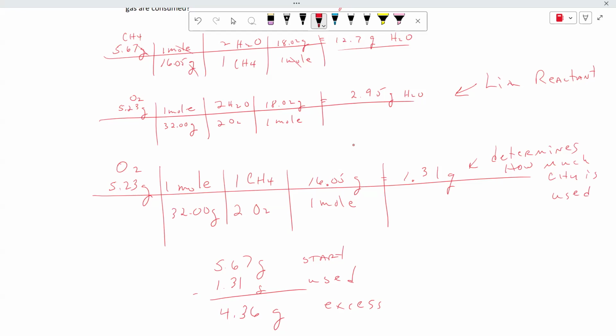So the first two are how much is produced. Then you look at the smaller one and ignore the larger one. But what you have to do now is figure out how much of that you used, because you didn't use it all. And that's what this does. We only use 1.31 of it, of the 5 something. And that's what this is. So we started with that. We use this much. This is left over. Does that follow?